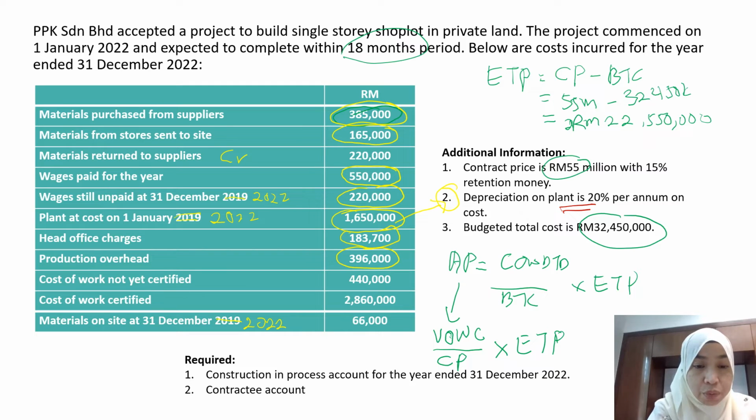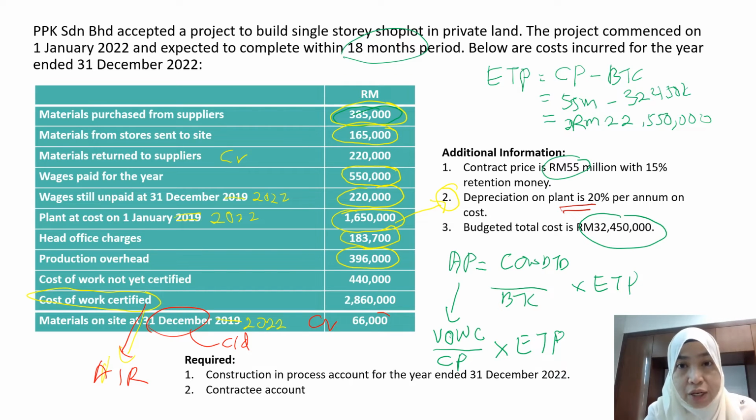Cost of work certified, you will record into accounts receivable. Material on site at 31st December is the material balance carried down, so you will credit the construction in process account.